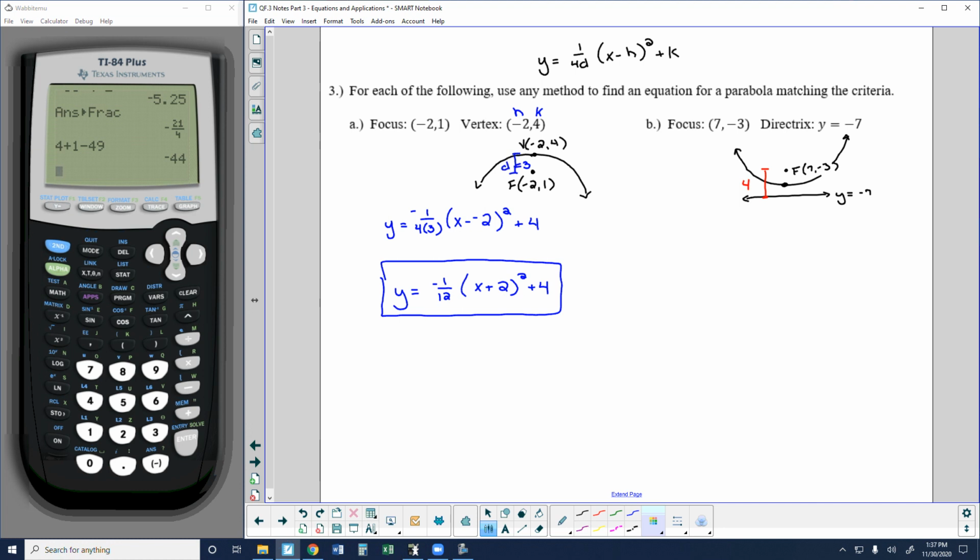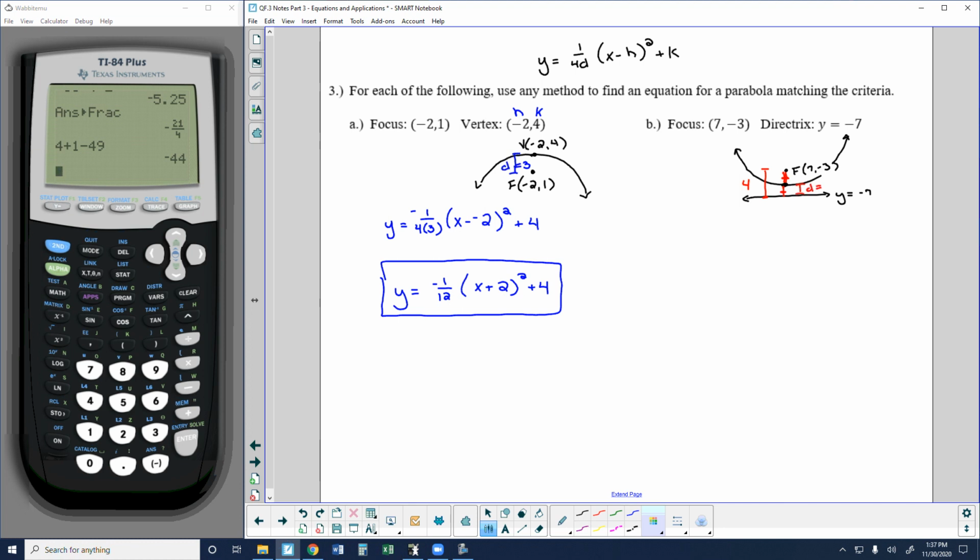Now, let's not get confused. This is not the value for D. Remember, the value for D is equal to the distance from the focus to the vertex or the vertex to the directrix, not the focus to the directrix. But the distance from focus to vertex and from vertex to directrix is the same.